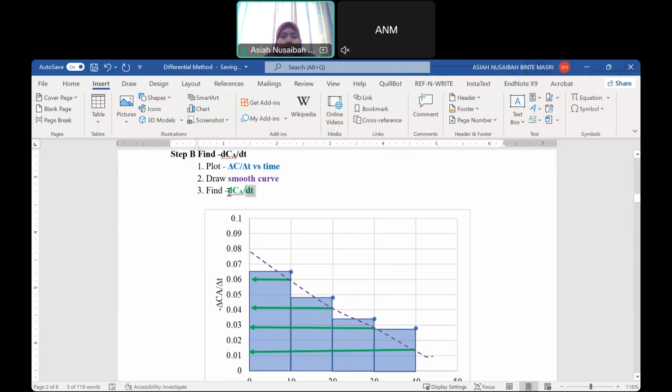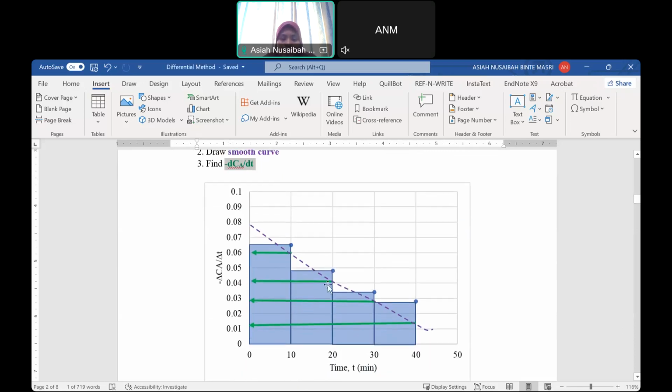Then we can find minus dCA over dt in green color, represented by the cross-section between the dotted purple curve and the vertical histogram line. At time equals 10, this is our minus dCA over dt value. At time equals 20, the green arrow shows the value of minus dCA over dt.